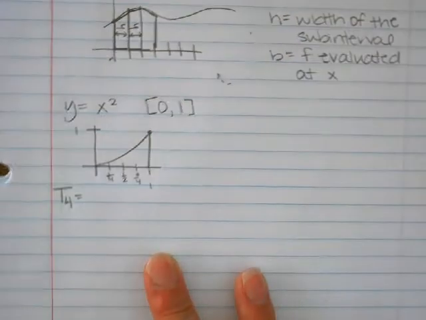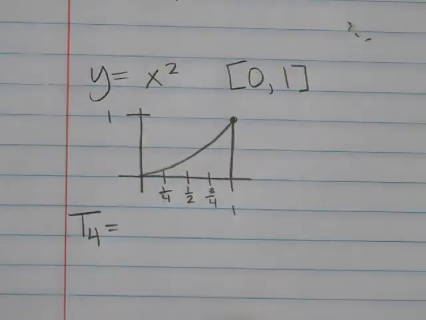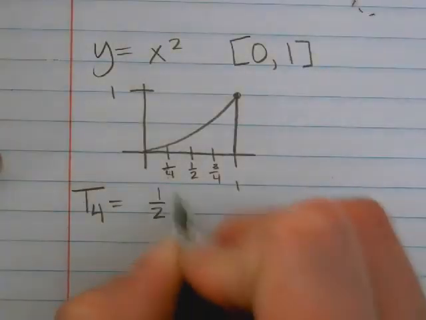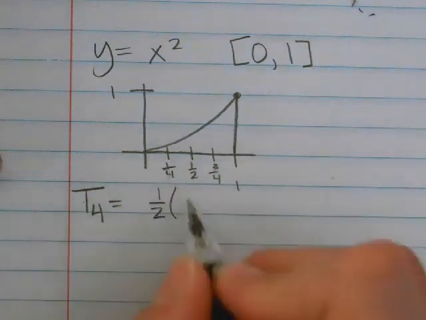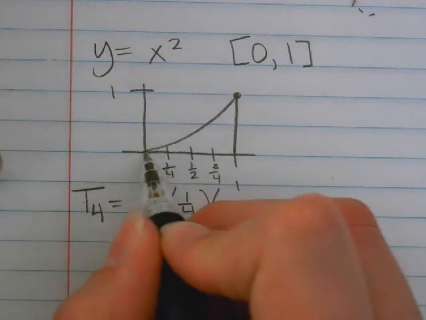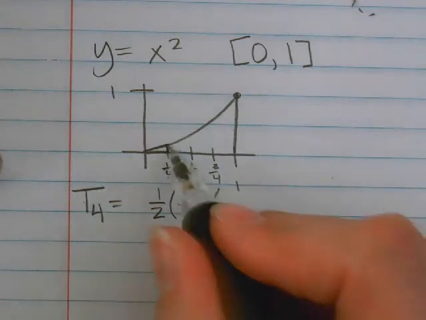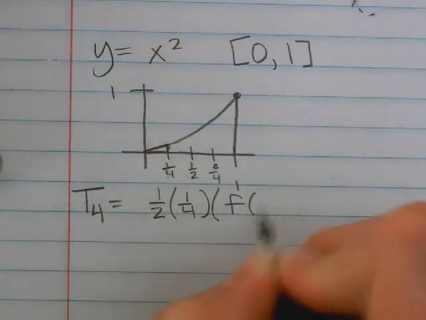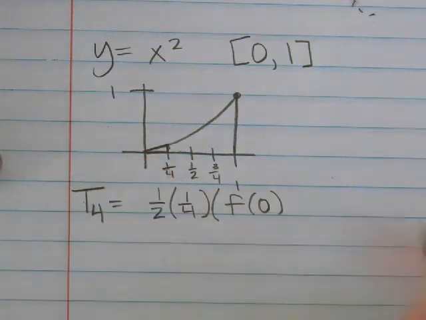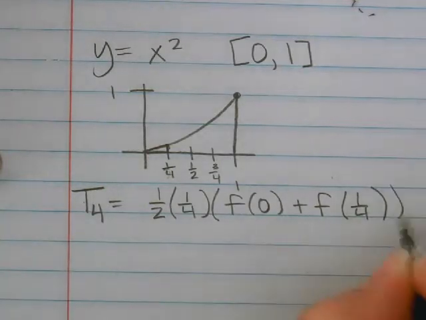If I look at my first trapezoid, the area of the first trapezoid is 1/2, the height of the trapezoid is 1/4, and the left base on this one would actually be 0, and the right base would be whatever I get when I plug in 1/4. My left base is what I get when I plug in 0. My right base is what I get when I plug in 1/4. So that's the first trapezoid.